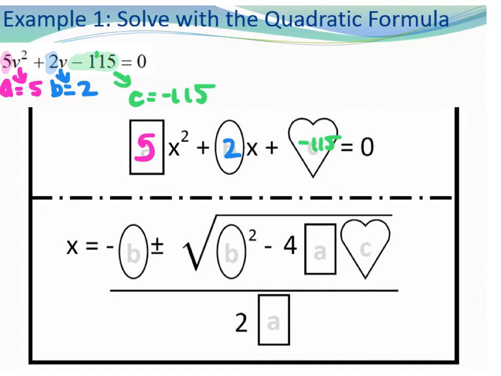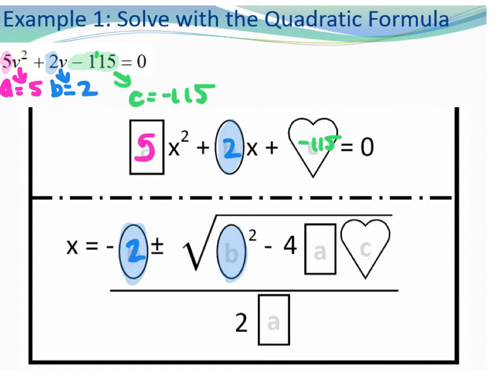Now looking at the formula, we can see that the first thing it asks for is the opposite of b, which if we look, the b, or the oval, has a value of 2. So we can fill in a 2 into the first blank. Then it has the plus or minus the square root of an oval squared, or a b squared.